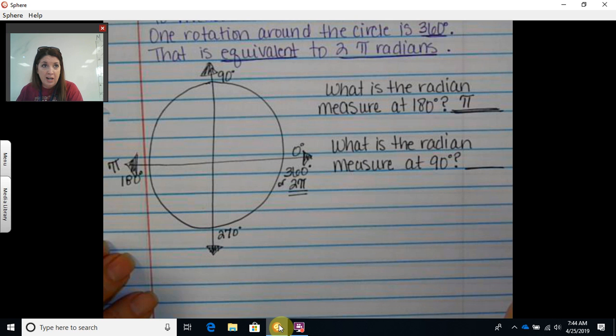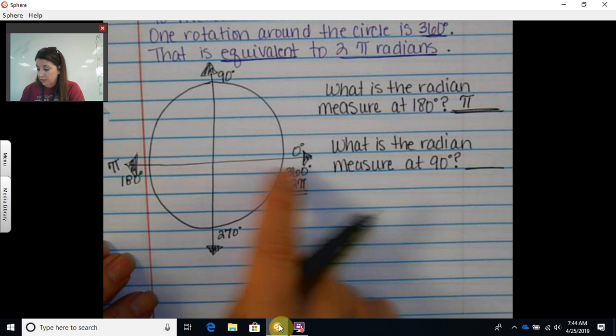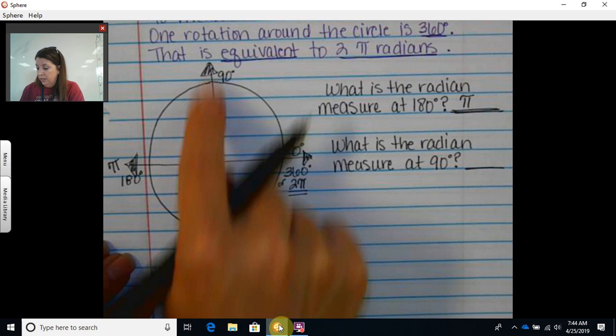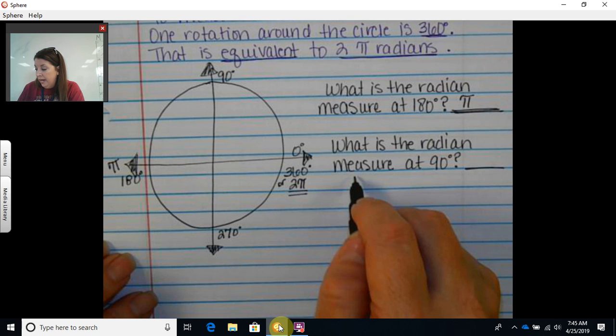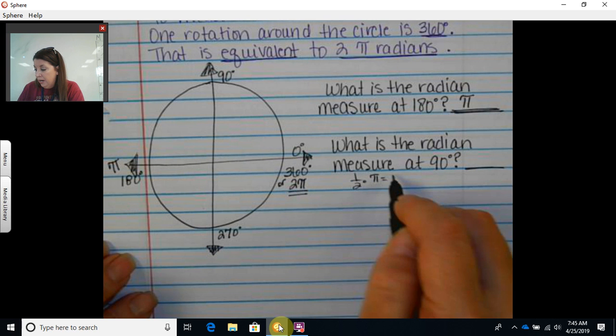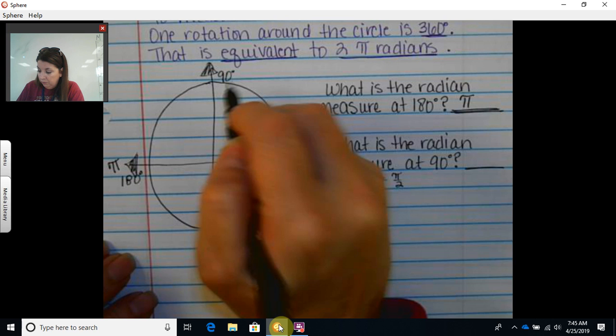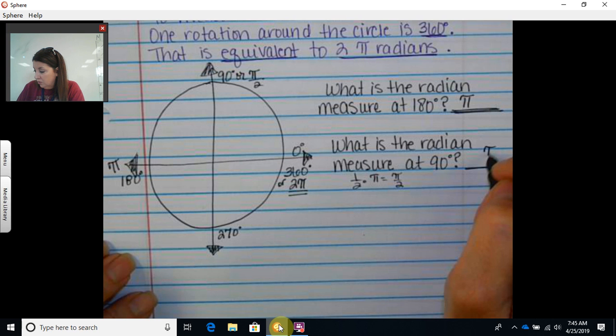Half a pi, right? So we know that 90 is half of 180. So the radians would be half a pi. Well, half a pi, 1/2 times pi, wouldn't that just be pi halves? So that's how we would write it, pi over 2, pi halves.